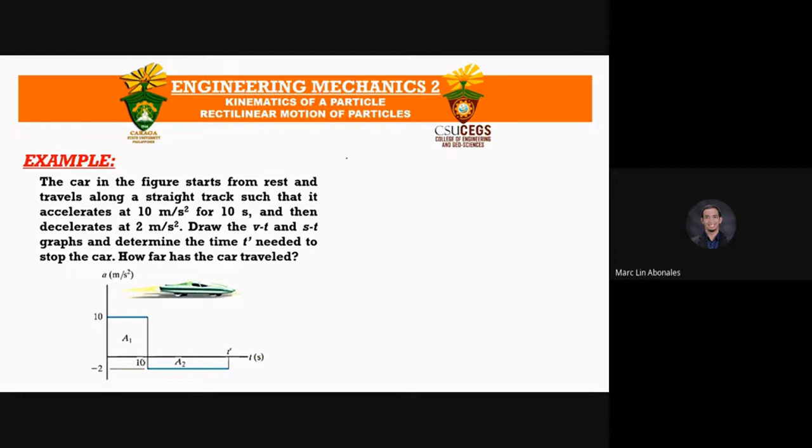So just a solution for this one. So that is the VT graph. And we have two intervals.